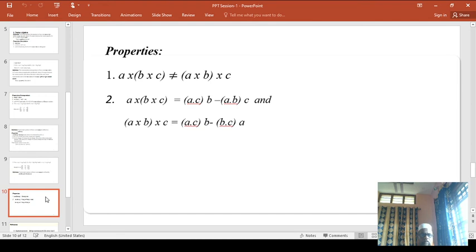Second, A cross (B cross C) is equal to (A dot C) B minus (A dot B) C. So the vector triple product can be written in the form of dot products, that is scalar products: (A dot C) B minus (A dot B) C, and (A cross B) cross C is (A dot C) B minus (B dot C) A. So these are the basic properties.